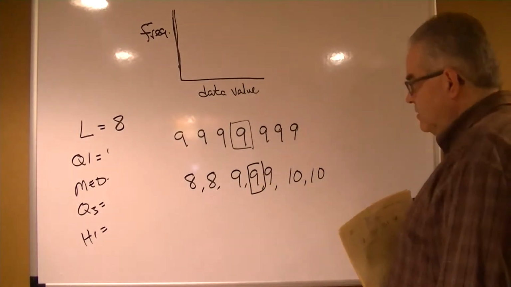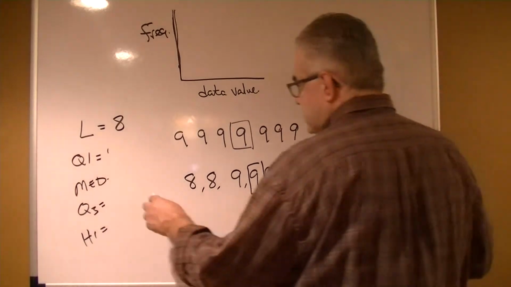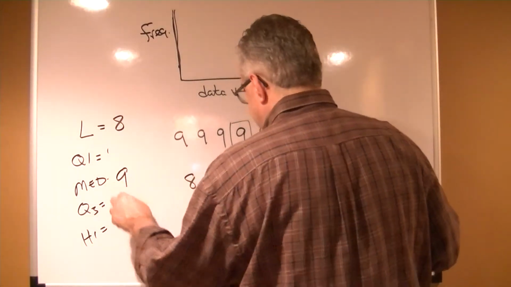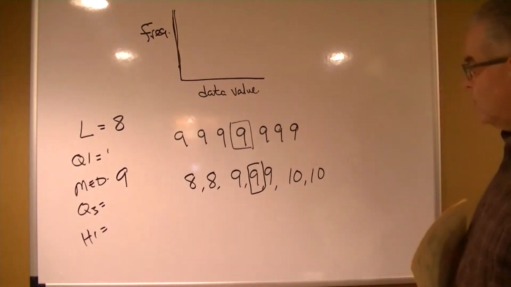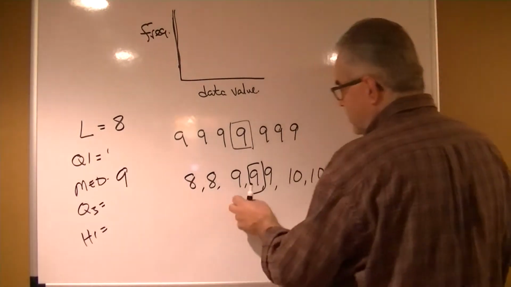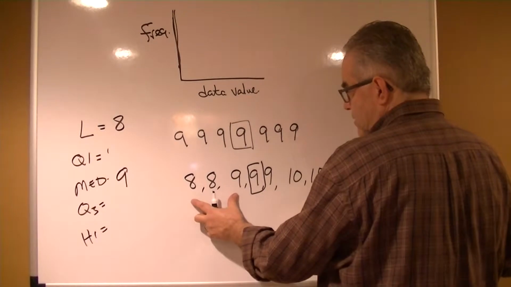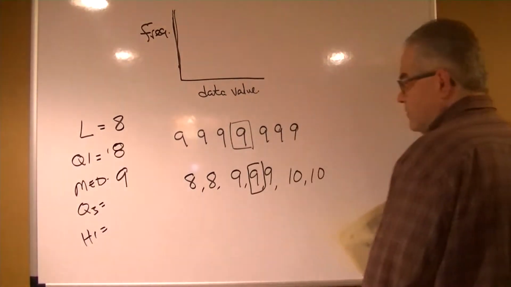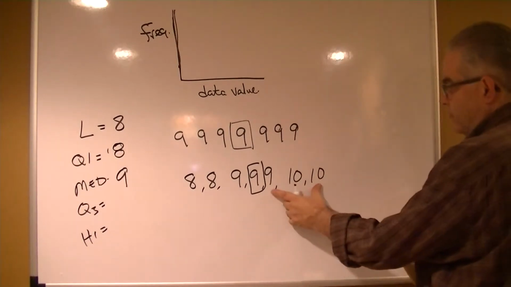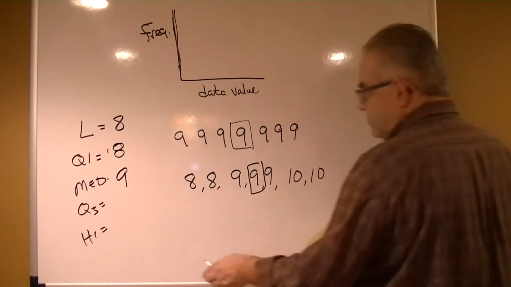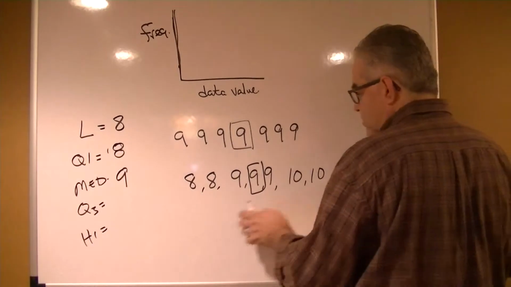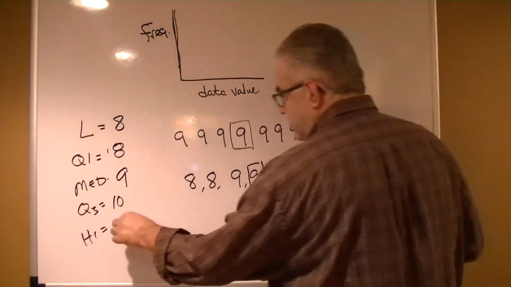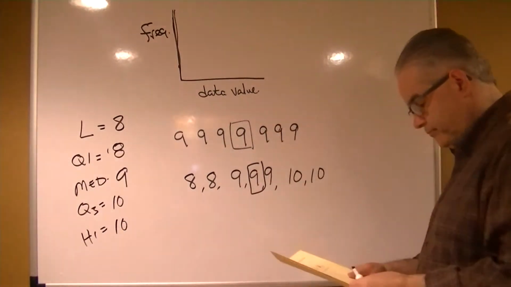That's my median of 9. The lower quartile, meaning these three numbers, is going to be 8. Q3, the median of the upper half, is 10, and the high value is 10. Okay?